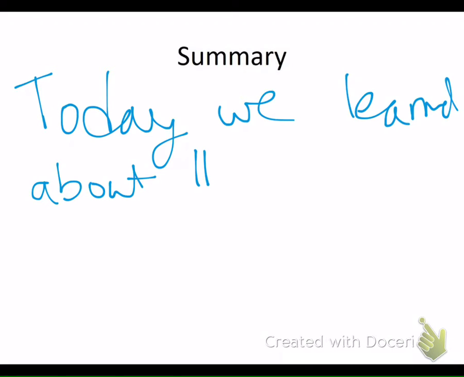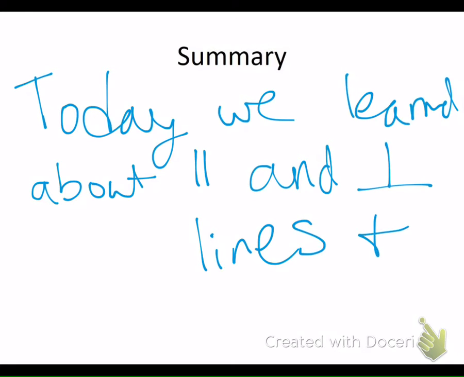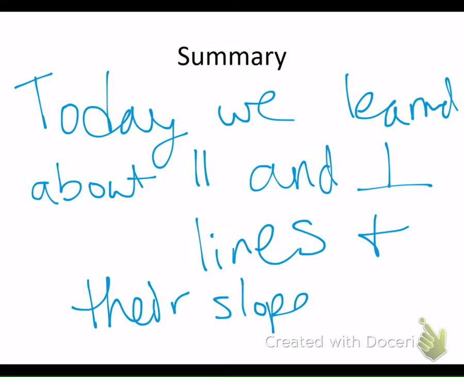Perpendicular is like the upside down T. This looks like an 11 almost. That's the symbol for parallel. That's the symbol for perpendicular. We learned about parallel and perpendicular lines and their slopes. I guess that would be plural, right?